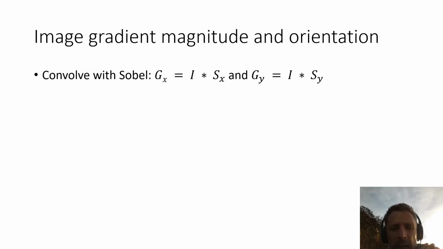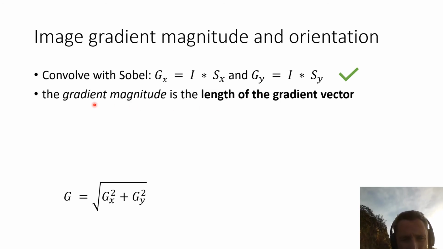All right, let's go. The image gradient is a vector property. And we'll soon, on the next slide, look at strong and weak edges. So we need to define what strong and weak means. We already looked at how we can produce gx and gy. Now let's define the gradient magnitude, capital G, as the length of the gradient vector. So that basically is the pixel-wise square root of the sum of squares.